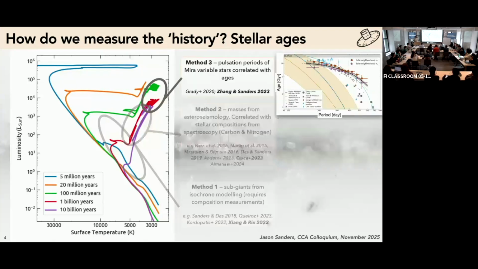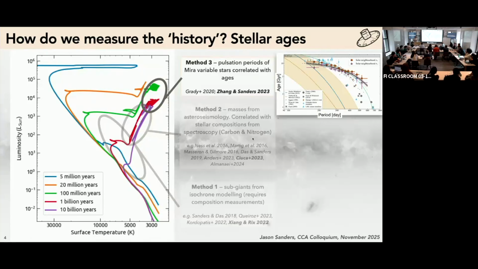And the final method I'm going to talk about is ages for Mira variable stars. So Mira variables are these asymptotic giant branch stars. They're right at the tip of the giant branch, going through these crazy pulsations before going through planetary nebula, forming white dwarfs. But empirically, it seems that there are correlations between the pulsation period of the Mira variable and their ages.